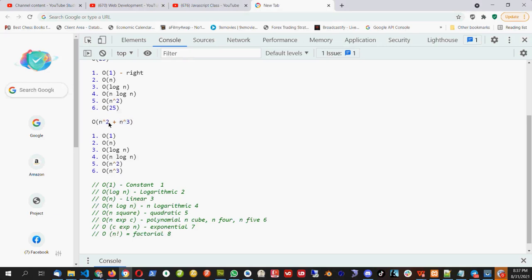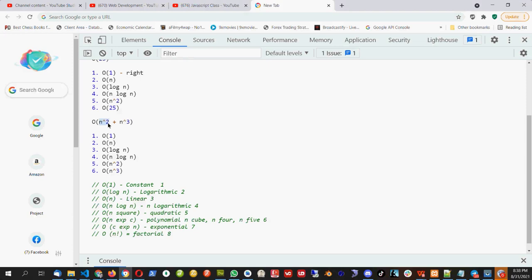So when we have two terms, we have to take the more complex, that is n cube, and we have to ignore n square. So you have to choose the sixth option because that is the most complex out of these two. You cannot say n square because we have the more complex big O notation n cube also in this equation.